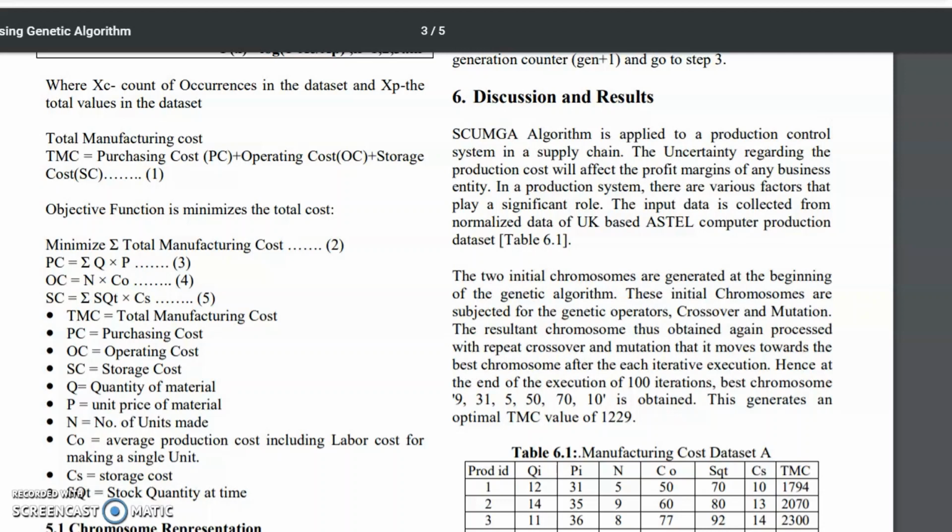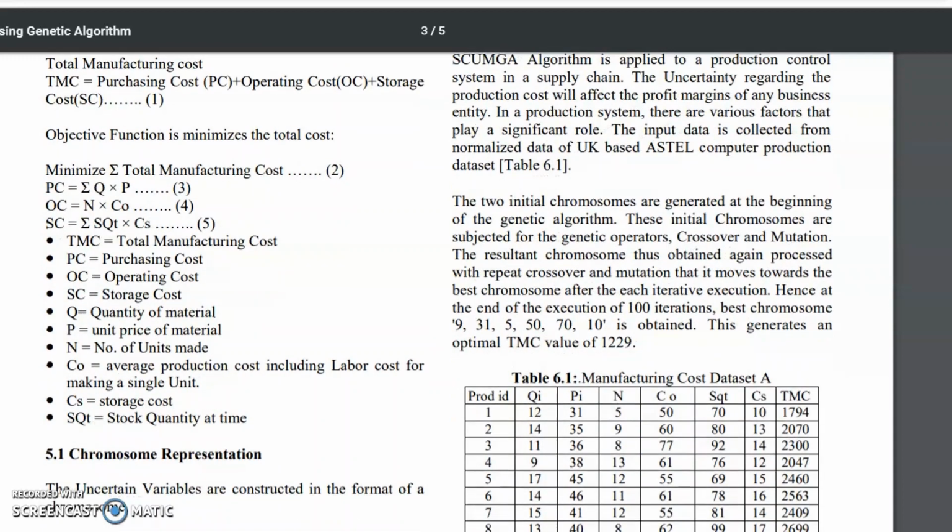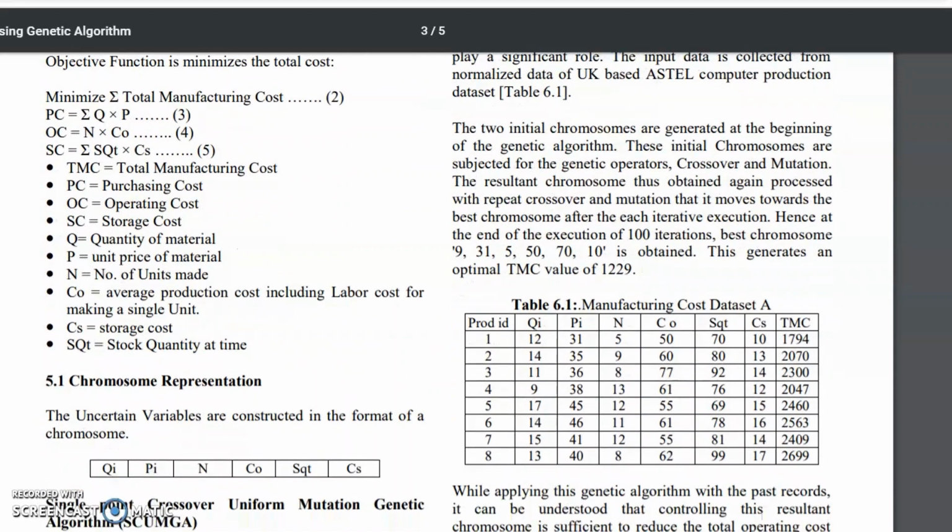So individually we calculate the purchase cost, the operating cost, the storage cost, and then we add up everything and find out the minimization of total manufacturing cost. If you reduce this, overall it will reduce the uncertainty and increase the profit.